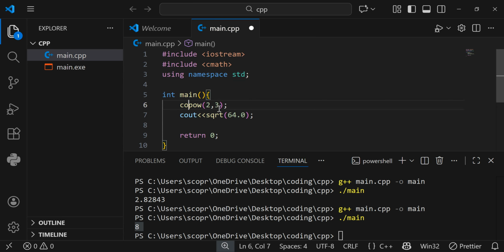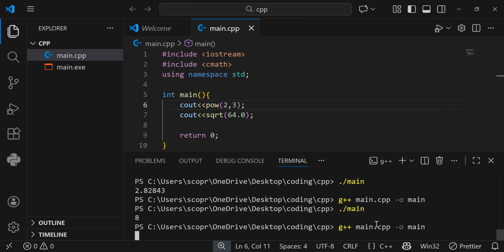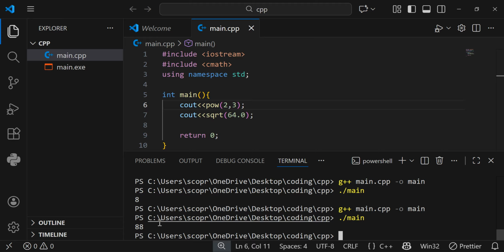If I output the value returned by pow and compile, then run, as you can see, we get 8 and 8. On the first line we get 8 from pow, and on the second line, from square root, we get 8. That's why we are getting two 8s, not 88.